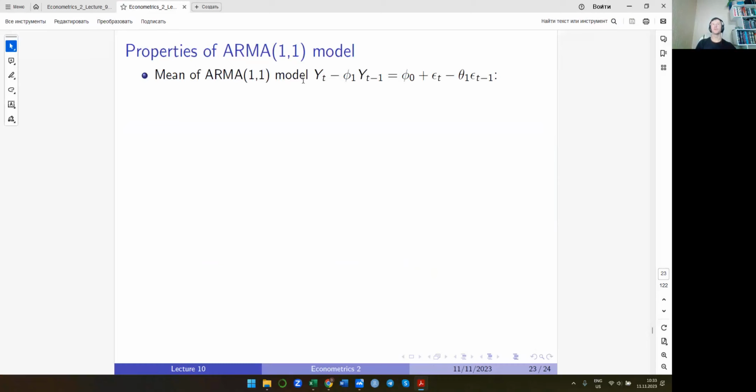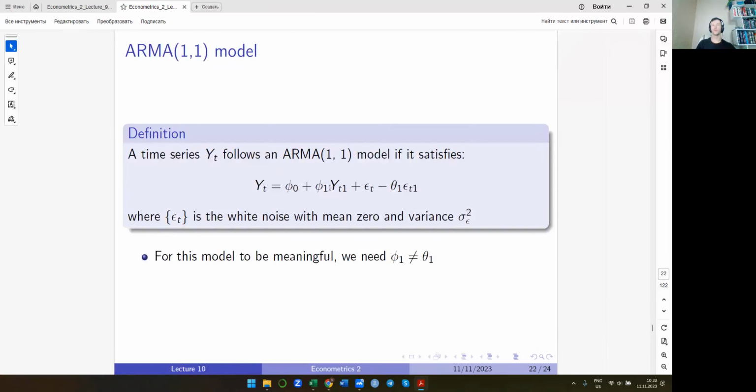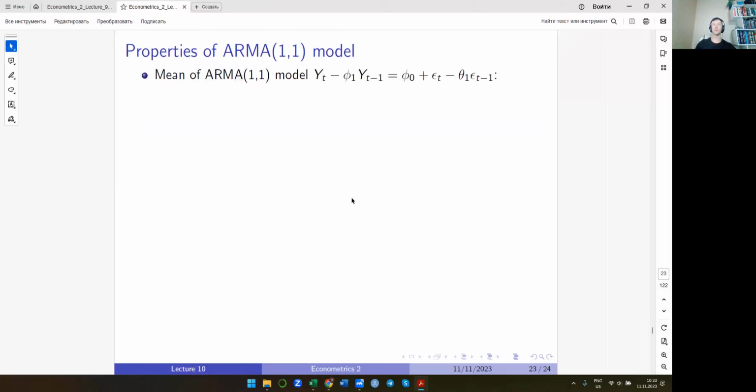So regarding the mean of this model, if we move phi 1 y t minus 1 to the left and take an expectation, and remember that this is a stationary process, so expected value of y t and expected value of y t minus 1 are equal, so they equal mu, and these are zeros.